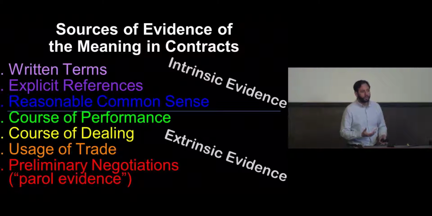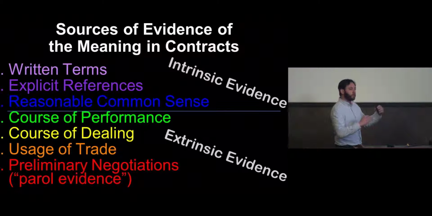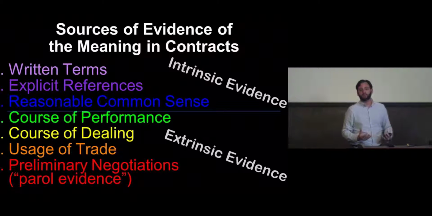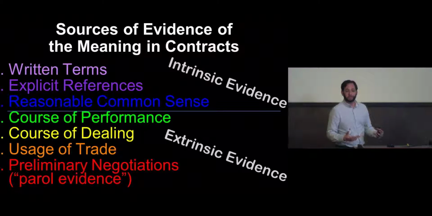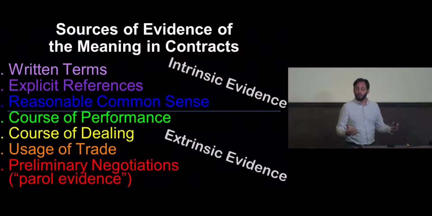Courts are variable in how they will prioritize preliminary negotiations, whether it's higher or lower priority than course of performance, but we're going to talk about them in this order because this will lead us to a separate discussion of the parol evidence rule. And again, a reminder that the parol evidence rule comes up when you have a signed writing and a party is looking to introduce extrinsic evidence, usually preliminary negotiations or a conversation they had about that contract before it was signed.